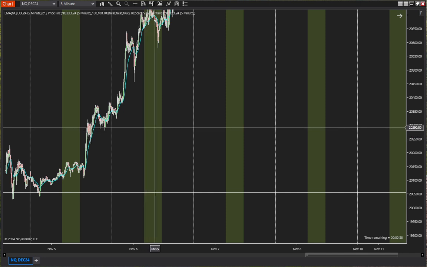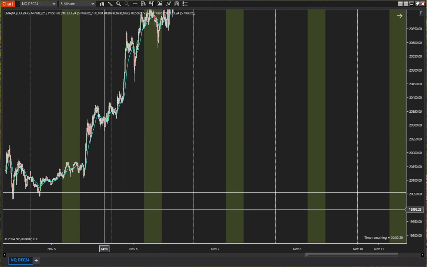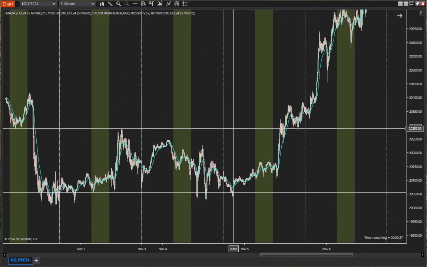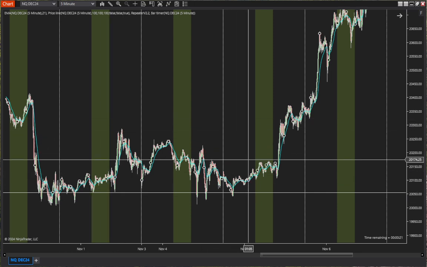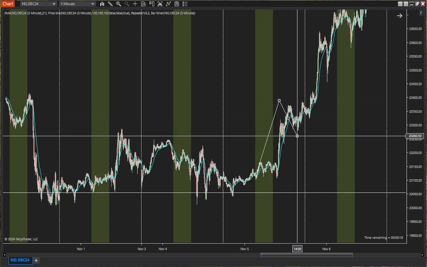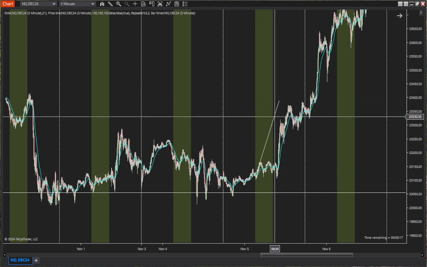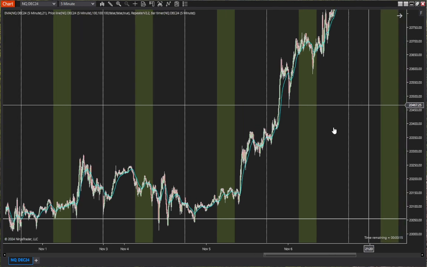Okay, so we don't have one. We got a breakout retest, right? You see that? Breakout retest. On a smaller time frame, we're going to need that higher time frame retest.